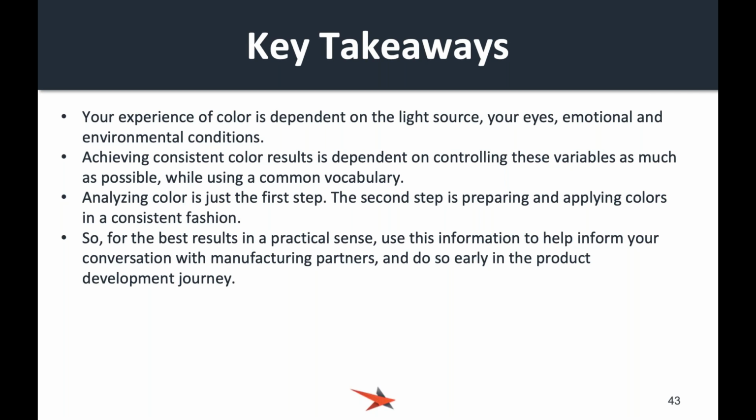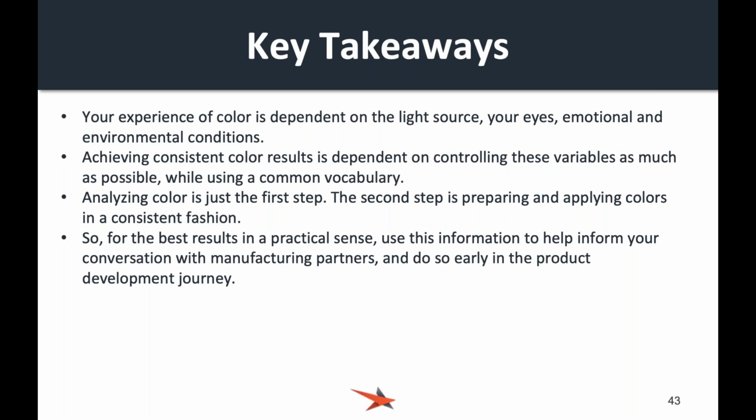Your experience of color is dependent on the light source, your eyes, your emotional and environmental conditions. Achieving consistent color results is dependent on controlling these variables as much as possible while using a common vocabulary: tint, shade, hue, chroma, etc. Analyzing color is just the first step.